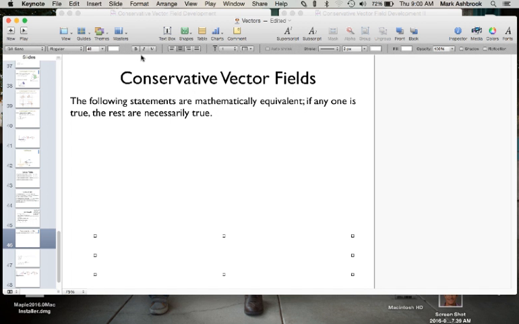Whenever this object was going against the forces on this path right here, it's actually doing work back on the field, where the work we calculate is negative. And so the sum total of the work is 0. It's the conservation of energy, so that's why it's called a conservative vector field.